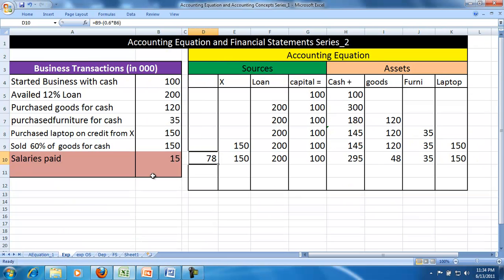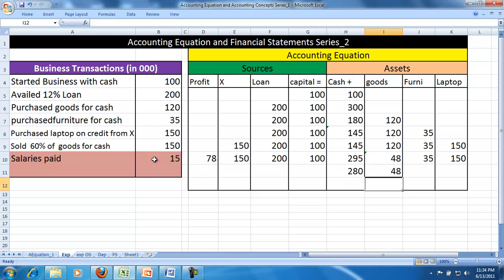Since they had ignored the expenses, now we are taking the expenses because of the conservative convention, or rather because of the accrual concept, because of the matching principle. I have to charge salaries and other expenses for determination of profit. So if I pay the salary for the period, 15, in the first place my cash will reduce.